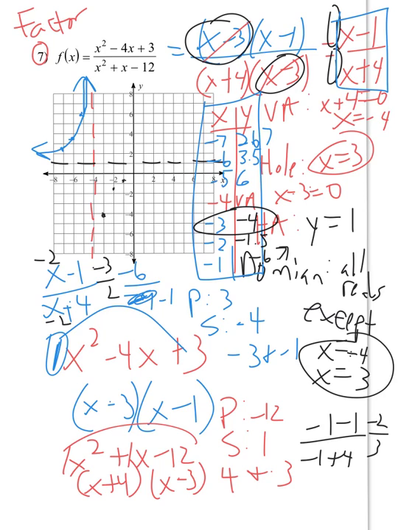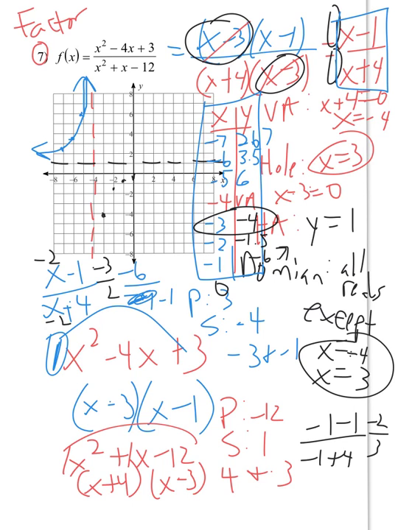It's going to be about right there. Okay. Let's go ahead and put in 0 also on that side, see what happens. So at 0, 0 minus 1 is negative 1, 0 plus 4 is 4, so negative 1/4 or negative 0.25. So at 0, we're just below the origin there.